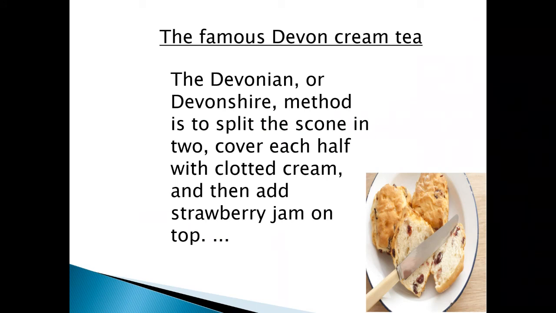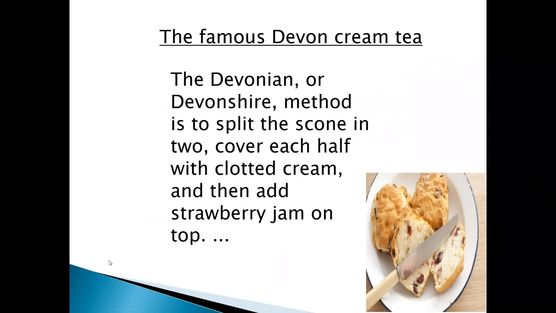It's basically a scone, which is like a hard cake. I wouldn't say it was a biscuit. As you can see in the picture, it's cut in half. Then you cover each half with clotted cream, which Devon is also known for, and then you add strawberry jam on top.